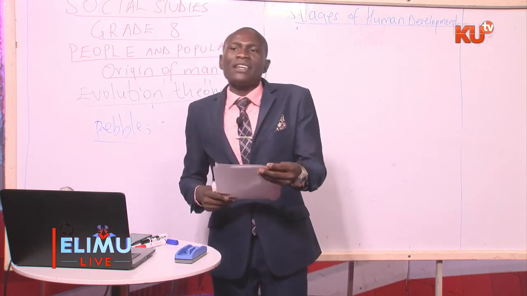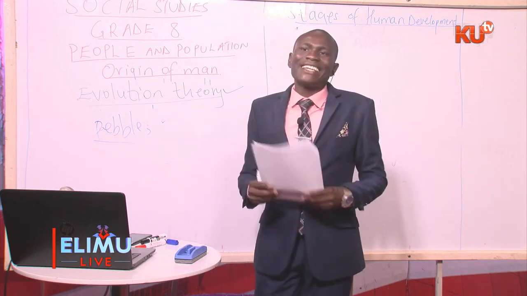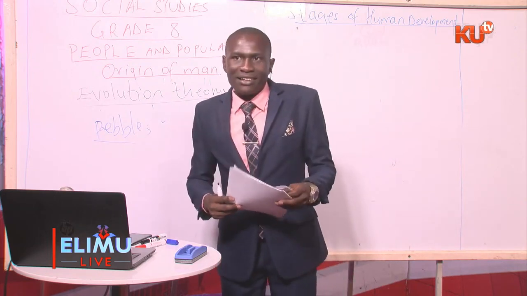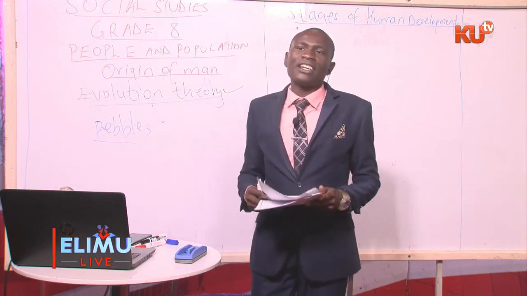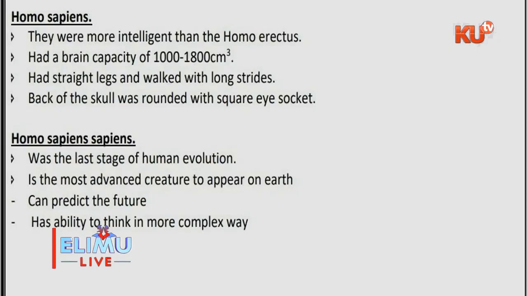Then after Homo erectus, we go to Homo sapiens. Homo sapiens is also called intelligent man. Now, his brain developed more than that of Homo erectus. And as we can see on the screen, he had what we call a brain capacity of 1,000 to 1,800.